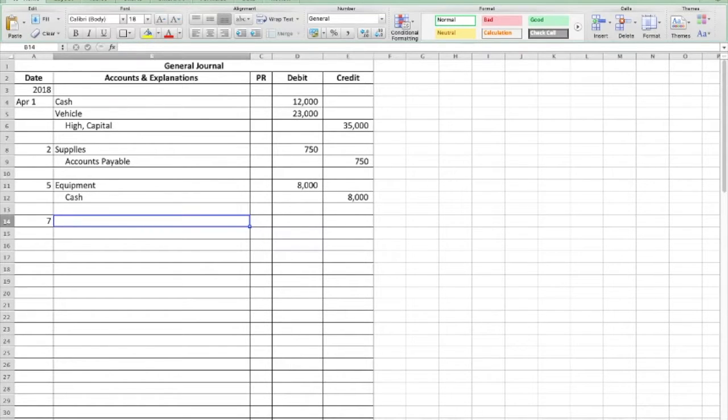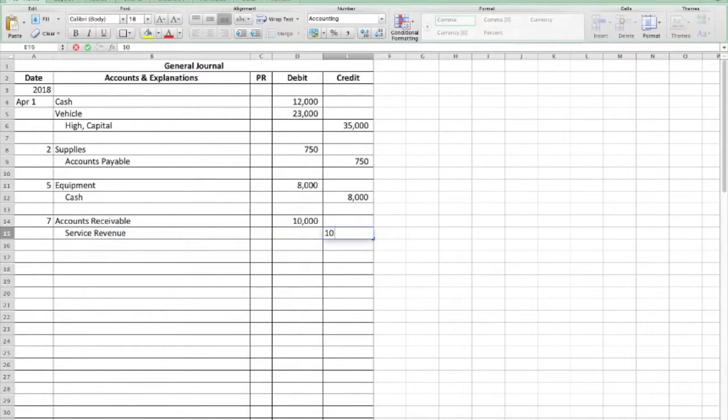And service revenue is increasing as well. That little trick I taught you in class still applies: anytime you see a revenue, for now, we're going to credit that revenue. So accounts receivable, an asset, needs to increase with a debit. Service revenue, a revenue account, needs to increase with a credit. And that was for $10,000.